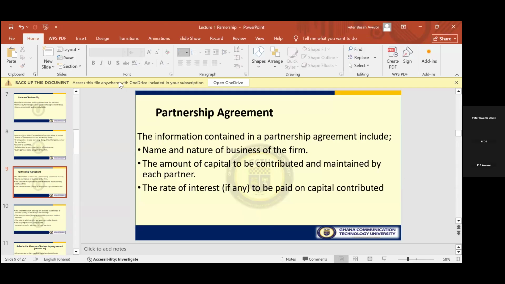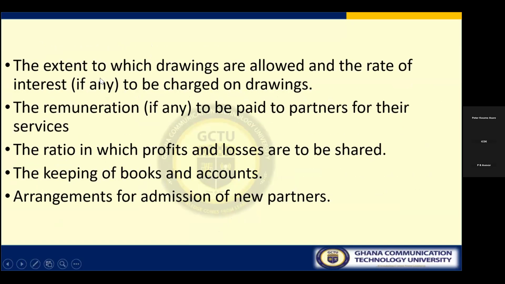Partners must agree on that. 4, the extent to which drawings are allowed and the rate of interest, if any, to be charged on drawings. So in partnership, partners are allowed to withdraw their profits shared for the year, or some are even allowed to withdraw to the extent of even touching their capital. It depends on the arrangement, on the agreement put in the partnership document and signed too.